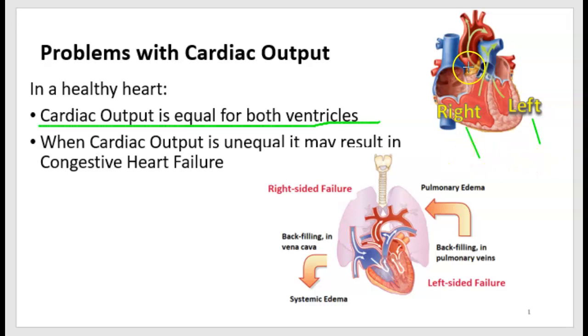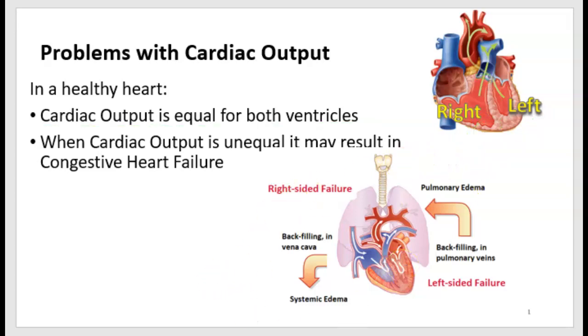But if you have a valve problem that's making it hard for one of the ventricles to pump blood out, or if you have some dead tissue decreasing the contractility of the heart, then cardiac output will be diminished on that side.